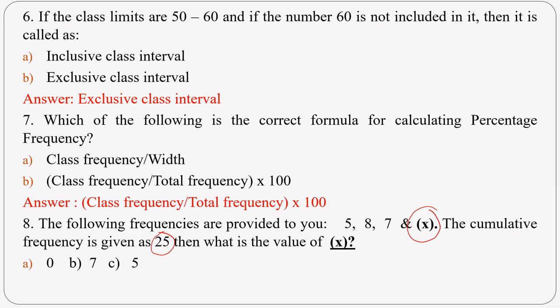See, it is a very simple problem. 5, 8, 7. You need to make the total. So 5 plus 8 is 13, plus 7 is 15 as stated, and 15 plus 5 will be 20. And our cumulative frequency is 25. So 25 minus 20. Very easy, dear students. What is the answer? 5. The answer is 5.